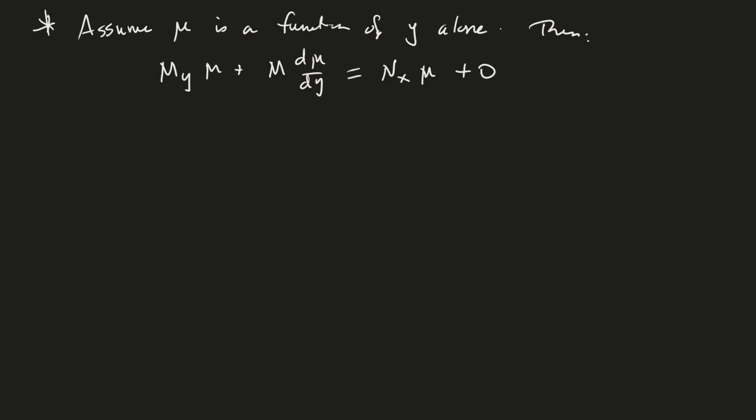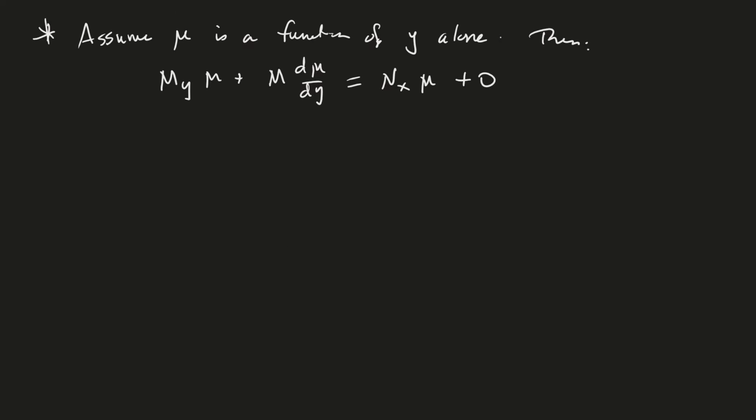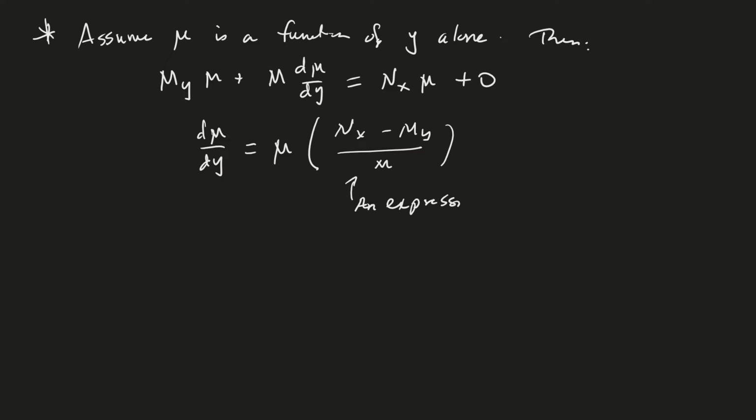Okay, and now we can solve that for d mu over dy. That's going to be mu times, and this is going to look very similar to what we just had, N_x minus M_y divided by M. Alright, so this would be an expression in y alone.